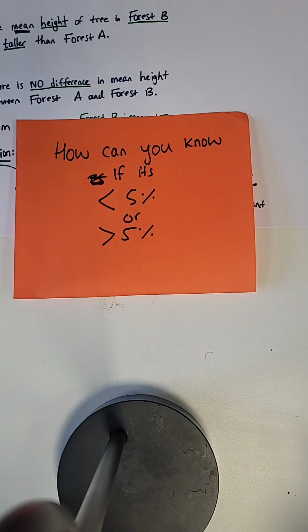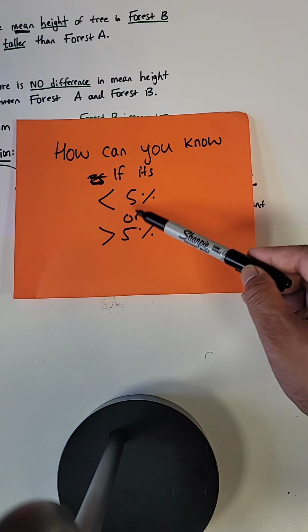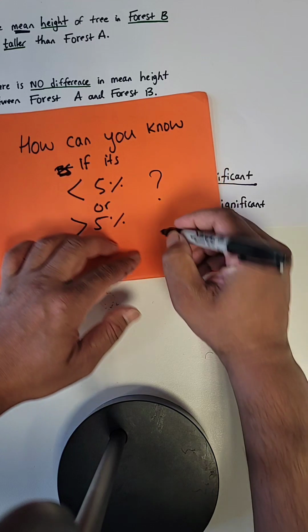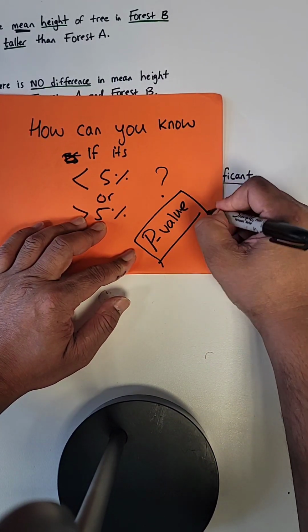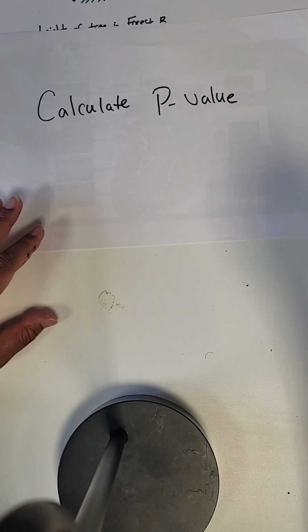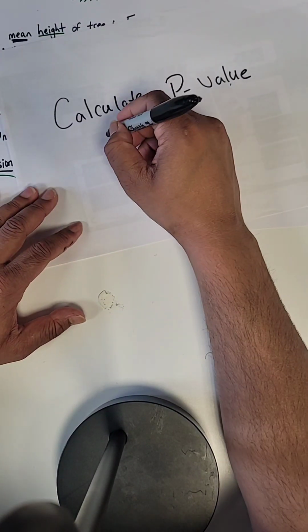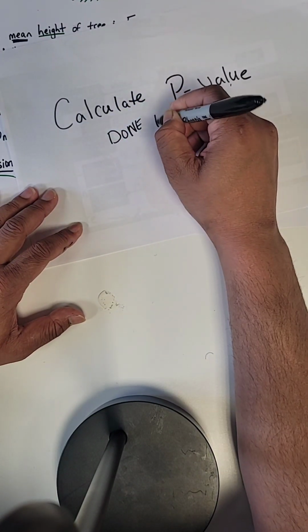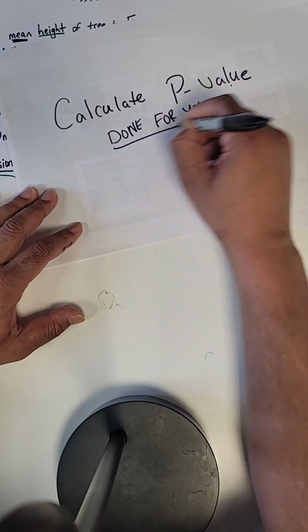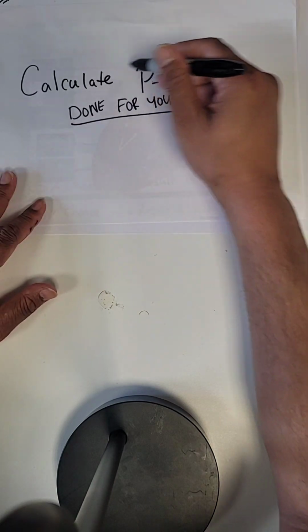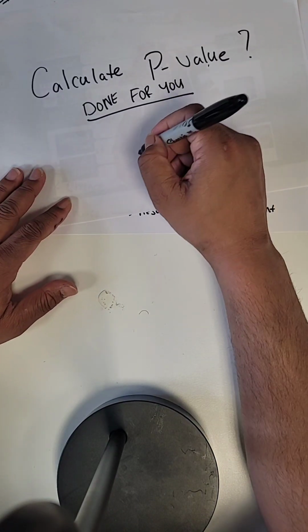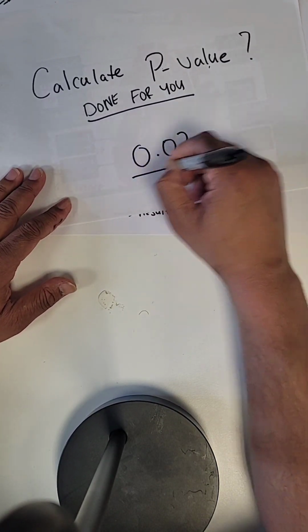But how do you know if it's less than 5% or more than 5%? We're going to use the p-value to find this out. The p-value in the exam will always be given to you. So in our example, let's say that for this whole research, Forest A, Forest B, the p-value that you have calculated is 0.02.